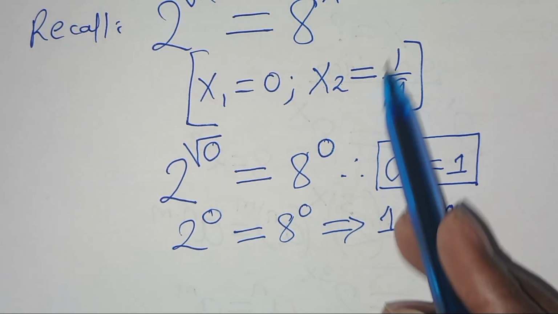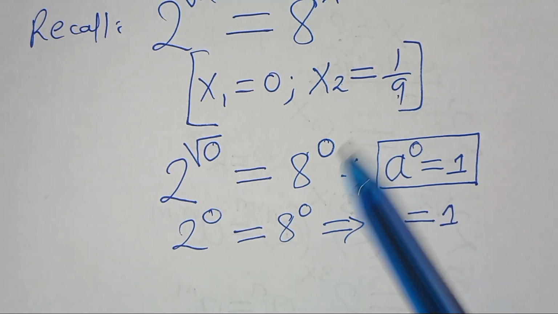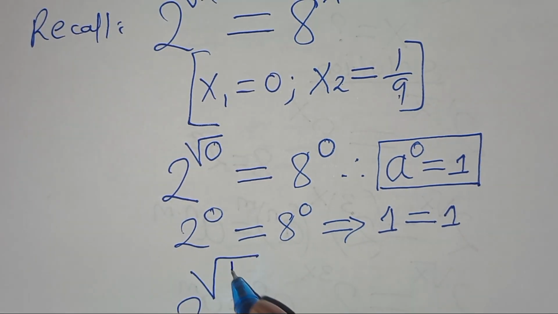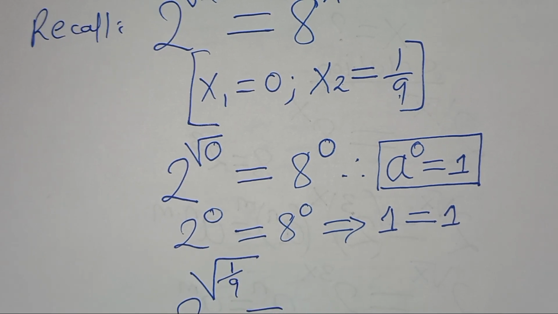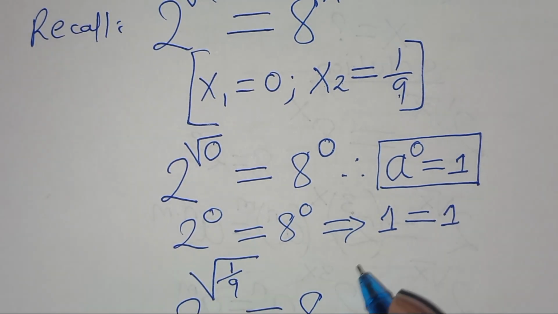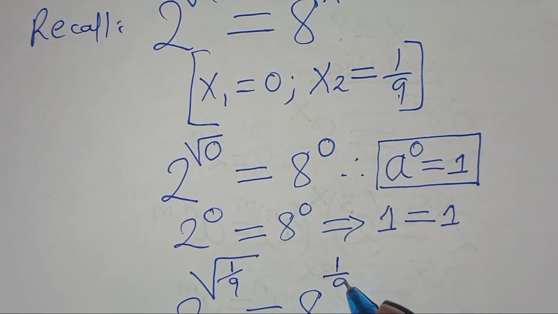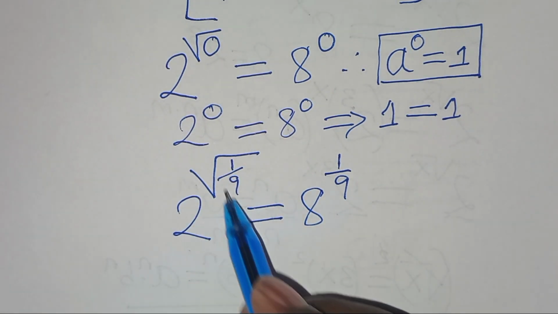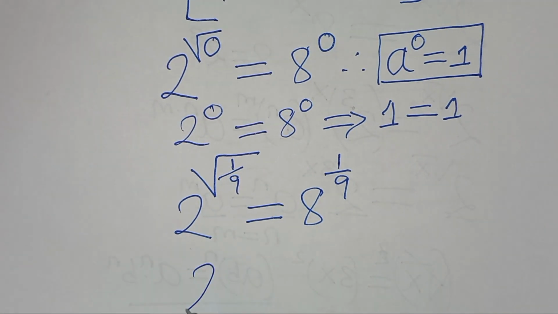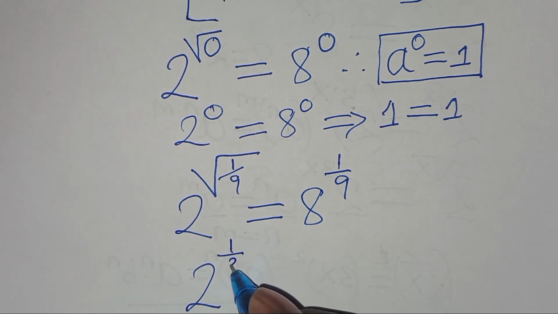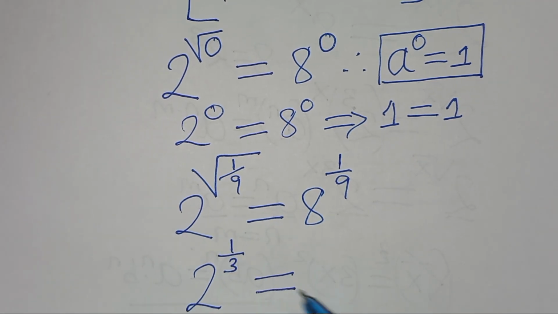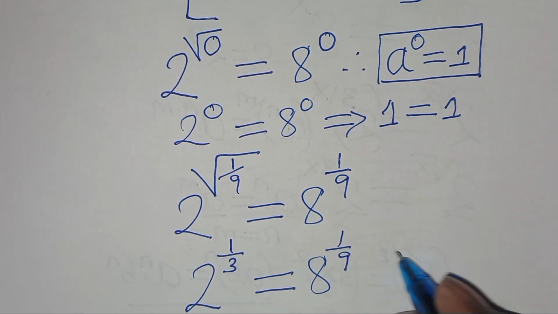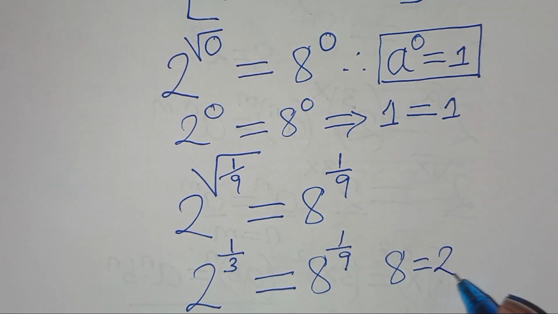What about x2, which is equal to 1 over 9? So we'll have 2 to power square root of 1 over 9 equal to 8 to power 1 over 9. So square root of 1 over 9 here is the same thing as 1 over 3. We can express 8 as 2 to power 3.